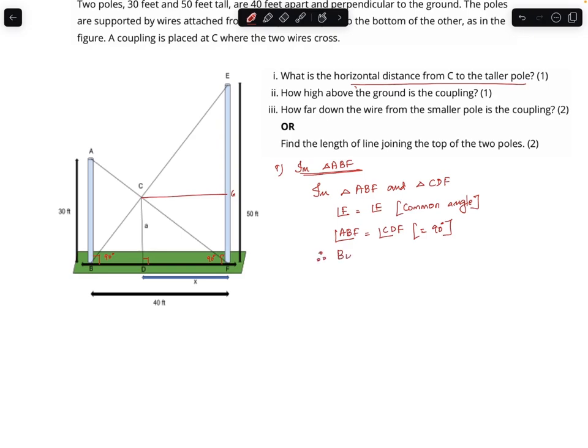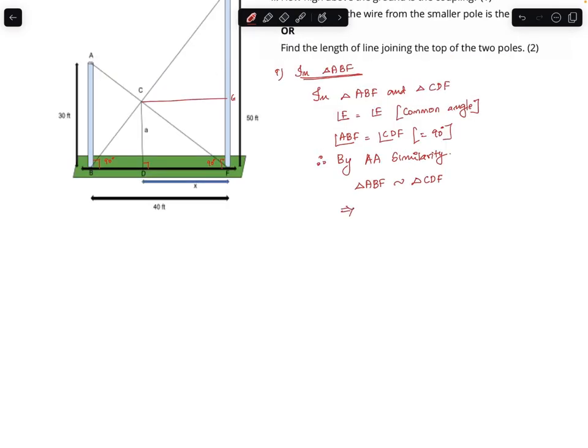Therefore, by AA similarity, triangle ABF is similar to triangle CDF, which implies that DF upon BF is equal to CD upon AB. DF is X and BF is given in the question, which is 40, and CD is A, AB is 30. So from this we'll take A as 30 upon 40 times X.